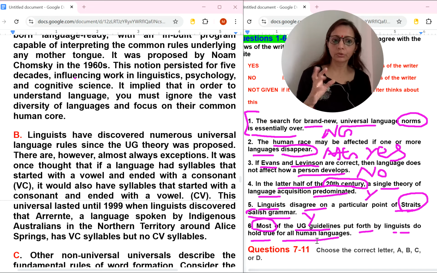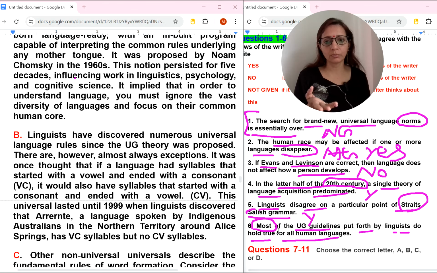So actually, most is given, most not possible, and for all human languages that is also not possible, but still we need to find the answer. I have discovered there are however some exceptions. It was once thought if a language had syllables. Because they are talking only about UG here, most of the UG guidelines put forth by linguists do not hold true for all languages.